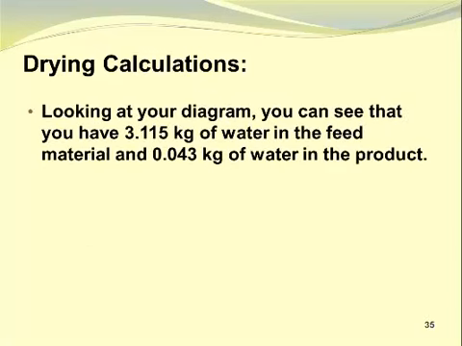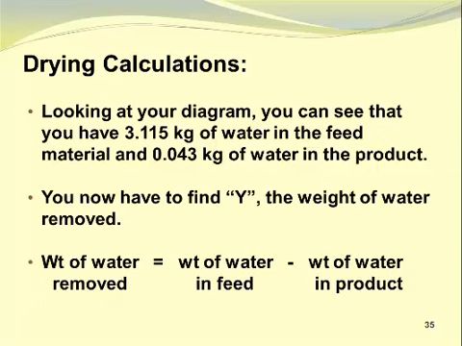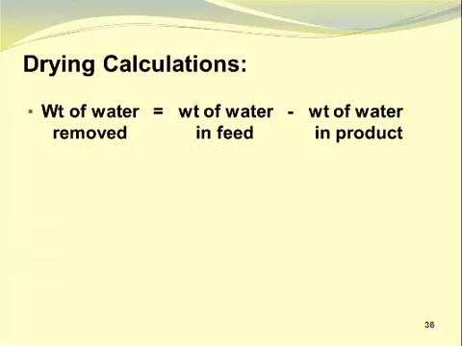So looking at the diagram, we can see that we have 3.115 kilograms of water in the feed material and 0.043 kilograms of water in the product, and we can now find Y, the weight of the water removed. That's equal to the weight of the water in the feed minus the weight of the water in the product.